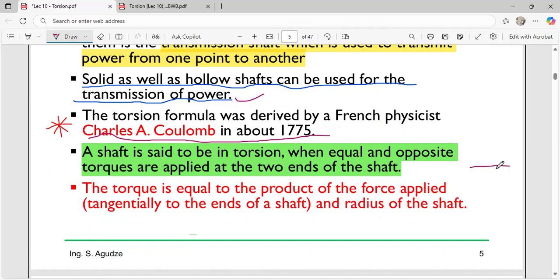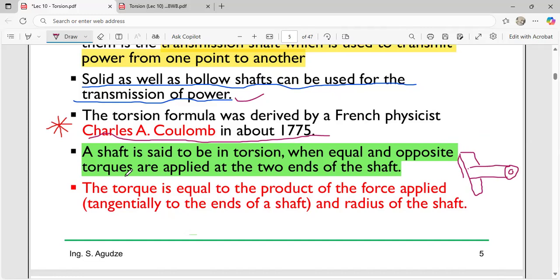Most of the calculations we are going to be doing are going to be composed of shafts. Okay, so as we are talking about shafts, it could either be a hollow shaft or a solid circular shaft. You should take note of some of these things. We say a shaft is in torsion when equal and opposite torques are applied at two ends of the shaft.